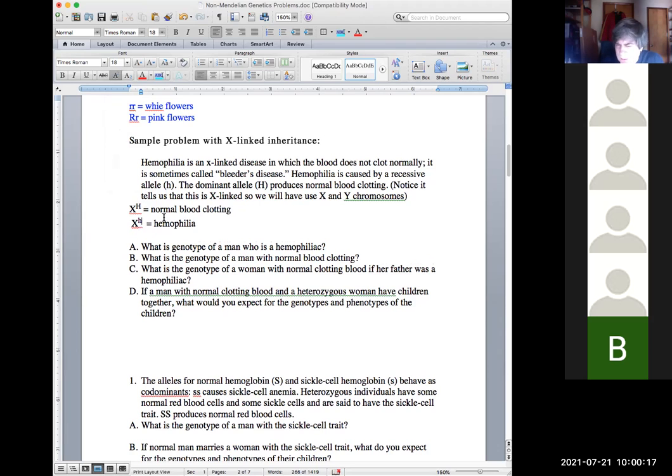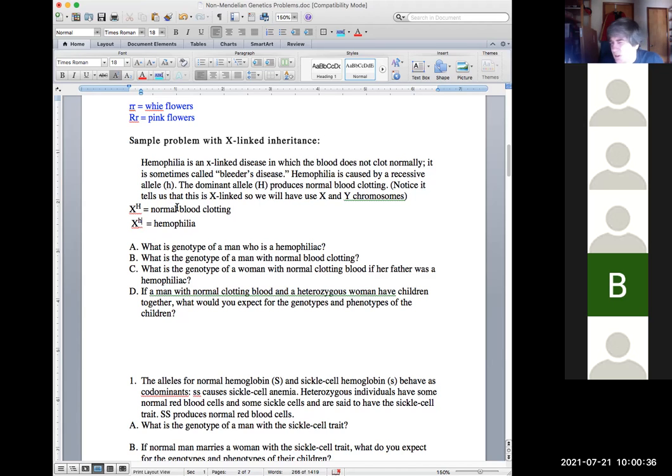Hemophilia is sometimes called bleeder's disease because people who have this, their blood doesn't clot normally. Now the protein, of course, is involved in this. That's why we have instructions on the DNA. Remember, the DNA is instructions for making proteins.